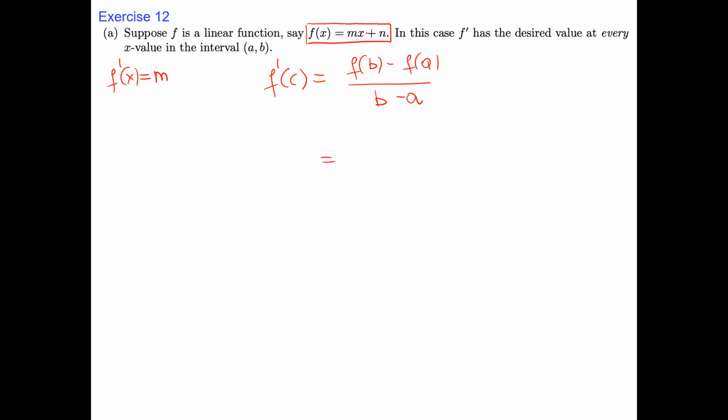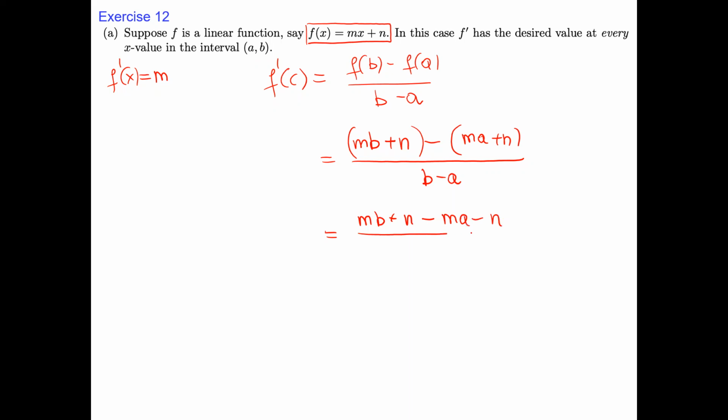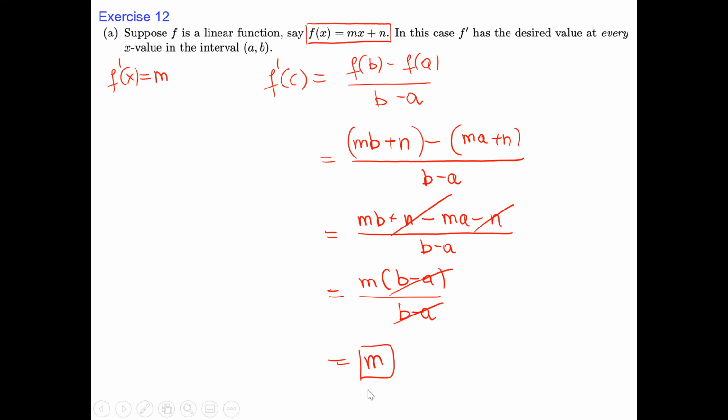When I substitute b for x, we will have mb plus n minus, when I substitute a, ma plus n, over b minus a. So mb plus n minus ma minus n, distributing. The n's cancel out. Then we can factor out m, b minus a over b minus a, and of course we're getting m as the average rate of change.